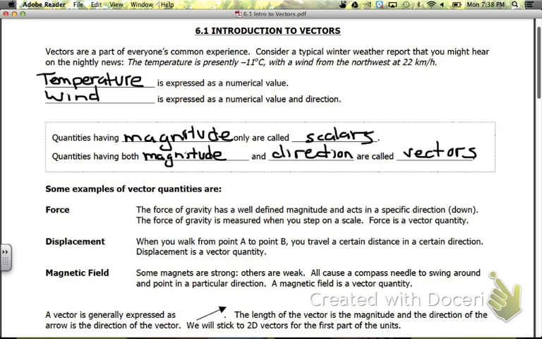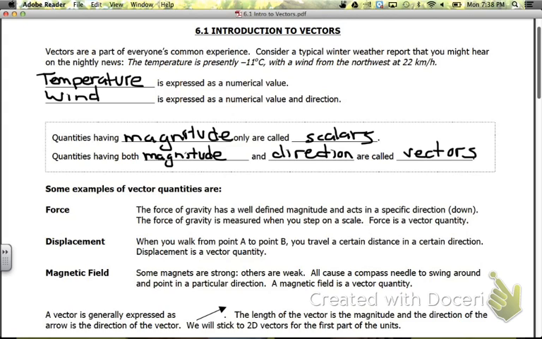Some examples of vector quantities are force. The force of gravity has a well-defined magnitude and acts in a specific direction, which is down. The force of gravity is measured when you step on a scale. Force is a vector quantity.